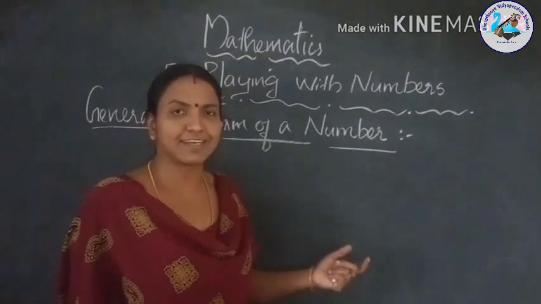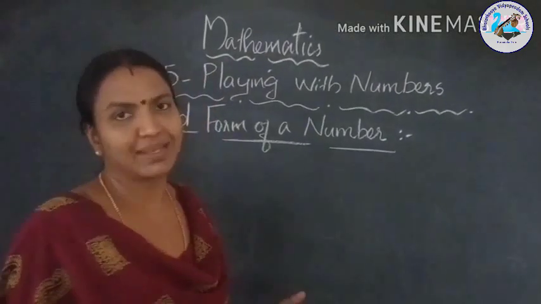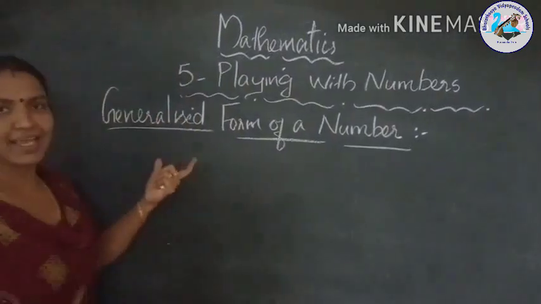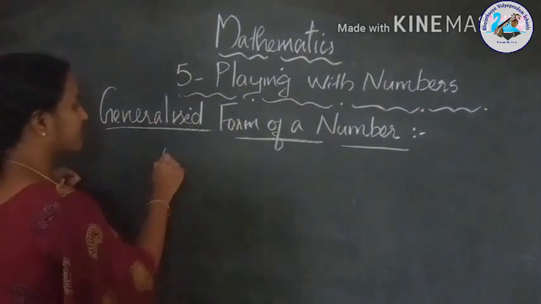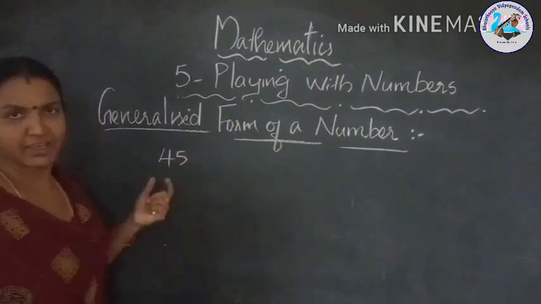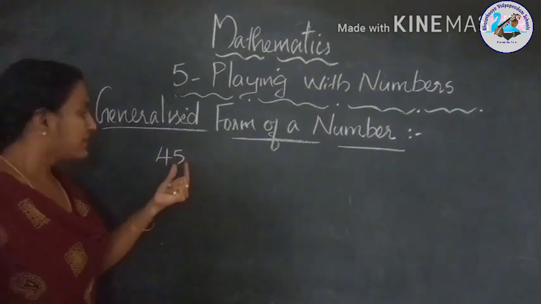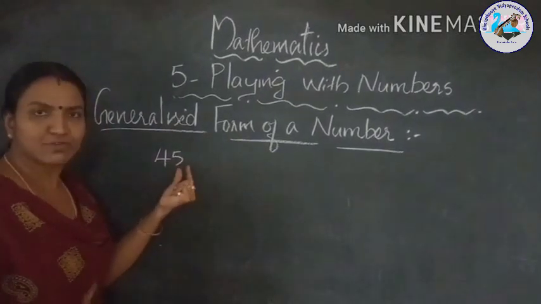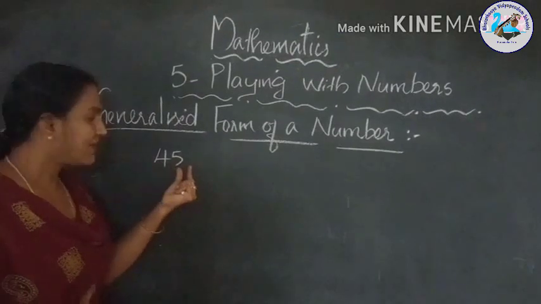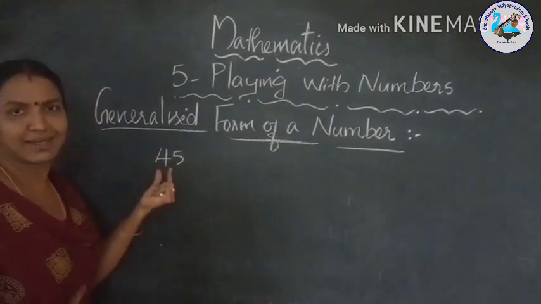Next, we shall discuss the generalized form of a number. Let us take a two-digit number, 45. In 45, the place value of 5 is 5 ones. The place value of 4 is 4 tens.